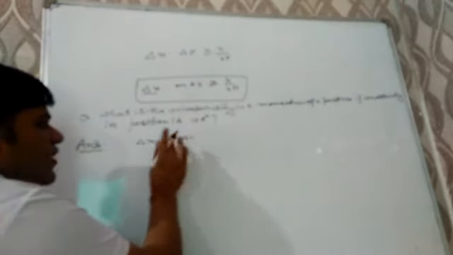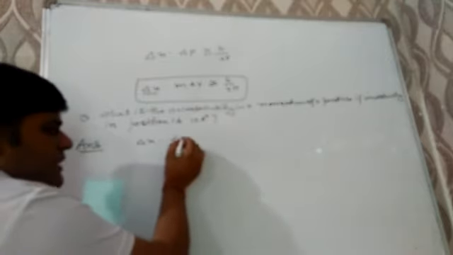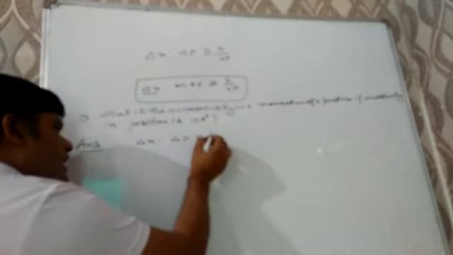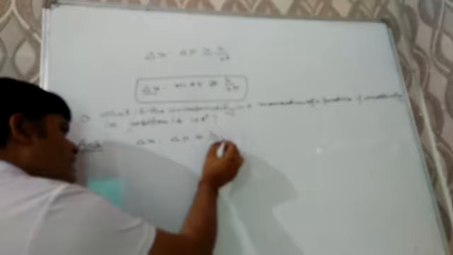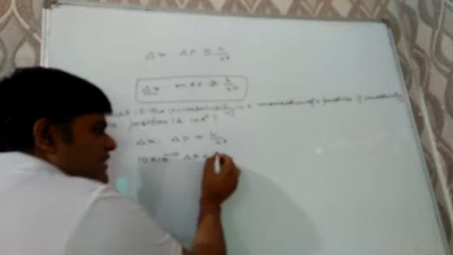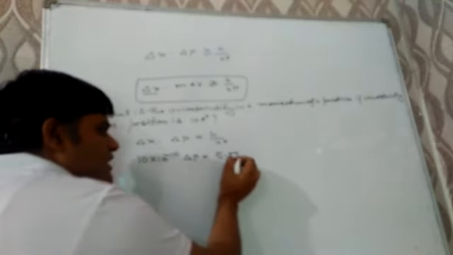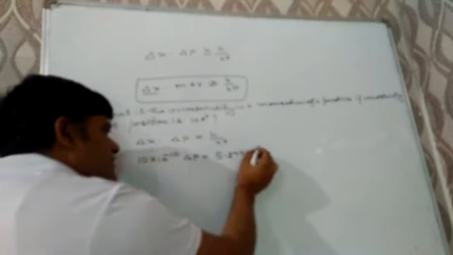So putting back this value here, delta x into m delta v, or delta p, equals h upon 4 pi. Delta x is 10 into 10 to the power minus 10 meter. Delta p we need to find, and h upon 4 pi is 5.27 into 10 to the power minus 35.